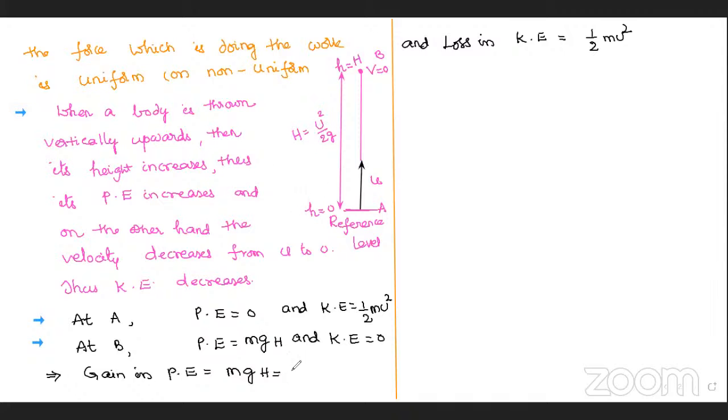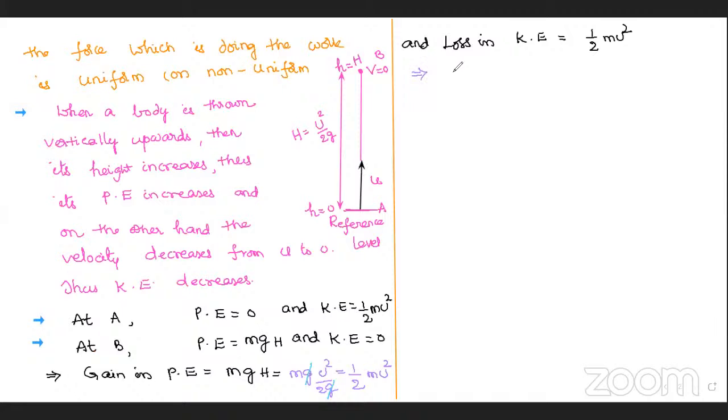Exactly. In mg, in place of H substitute u square by 2g. Then g cancels. If you cancel the two terms here, you will get exactly half mu square. Both are equal or not?